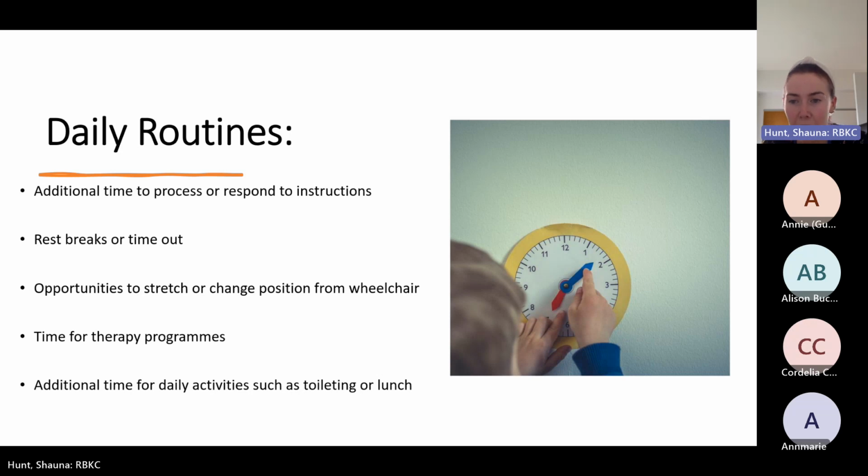They definitely need to have that scheduled into their timetable, and that could include things like stretching, maybe one-on-one speech and language therapy interventions, teaching them to use cutlery, teaching dressing skills and things like that. And they also need additional time for daily activities such as toileting and lunch.